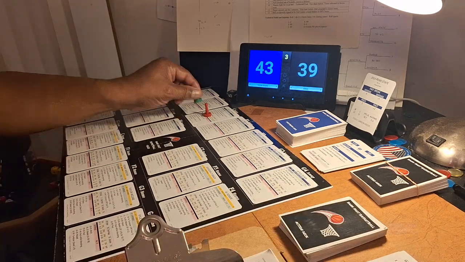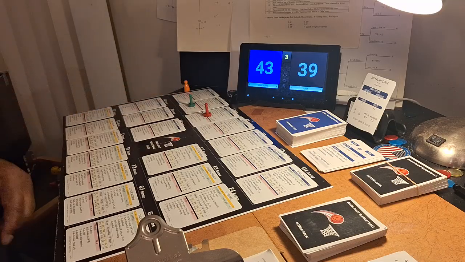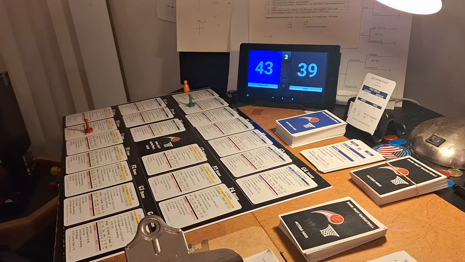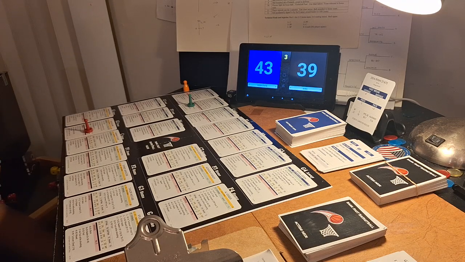G2, going against the defender, who is Caitlin Clark. It's going to be a 23 off the defense, off of Caitlin Clark's card, and that is a basket. No assists.